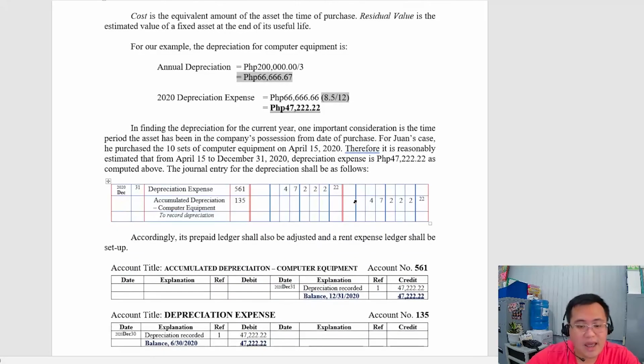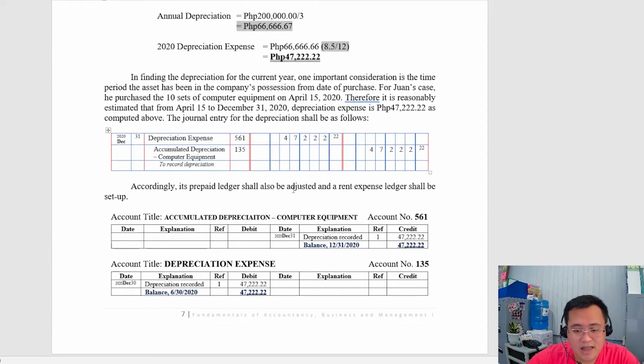Now, accordingly, its prepaid ledger shall also be adjusted and the rent expense ledger shall be set up.